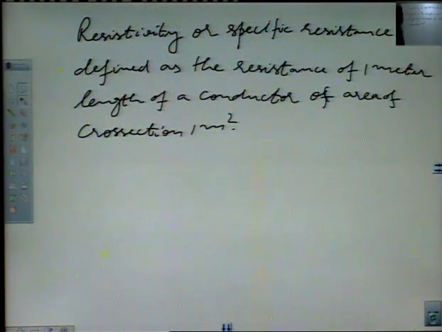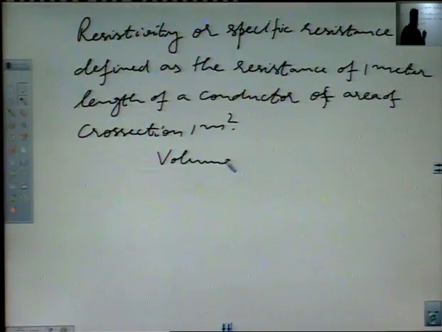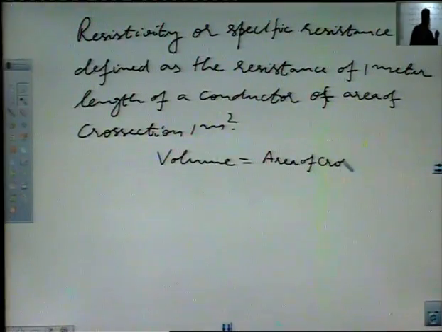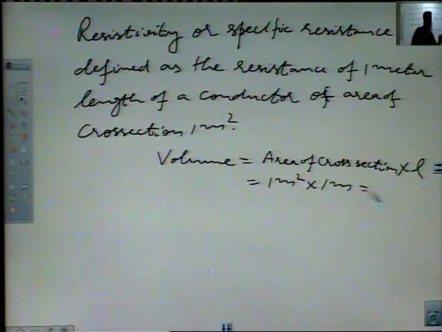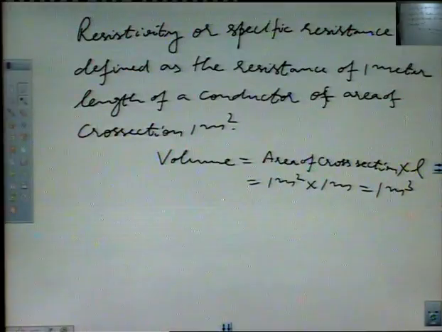Another way to define the resistivity is that if area of cross section is 1 meter square and length of the conductor is 1 meter, how much is volume? Volume of the conductor is area of cross section into length, and area of cross section is 1 meter square, length is 1 meter, that means volume becomes 1 meter cube.